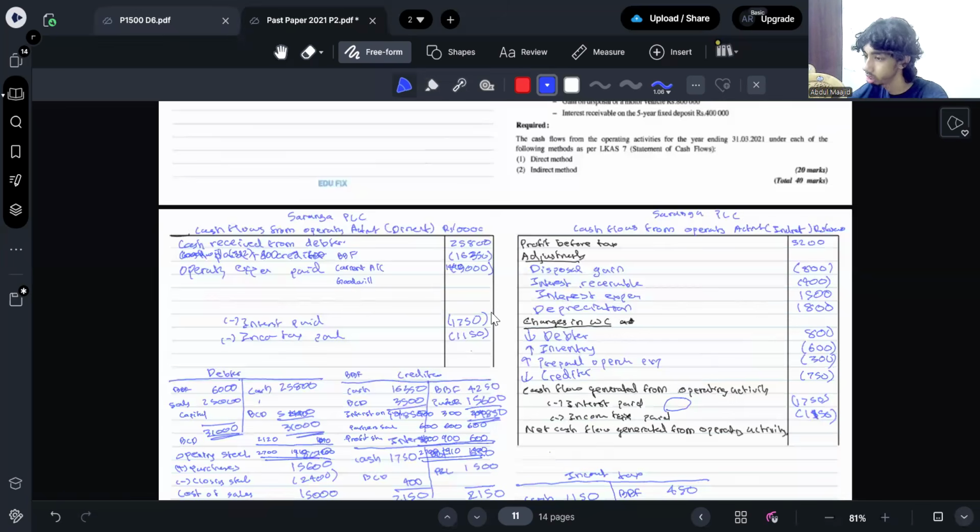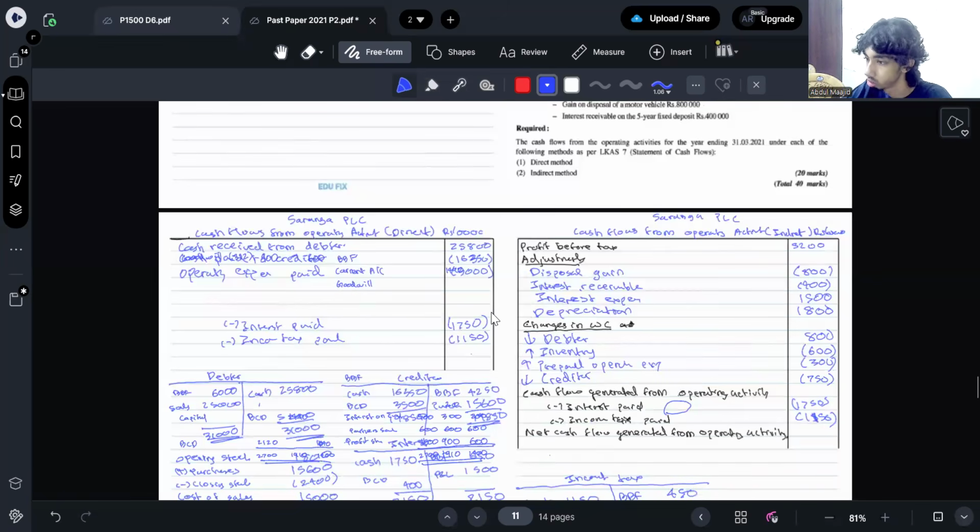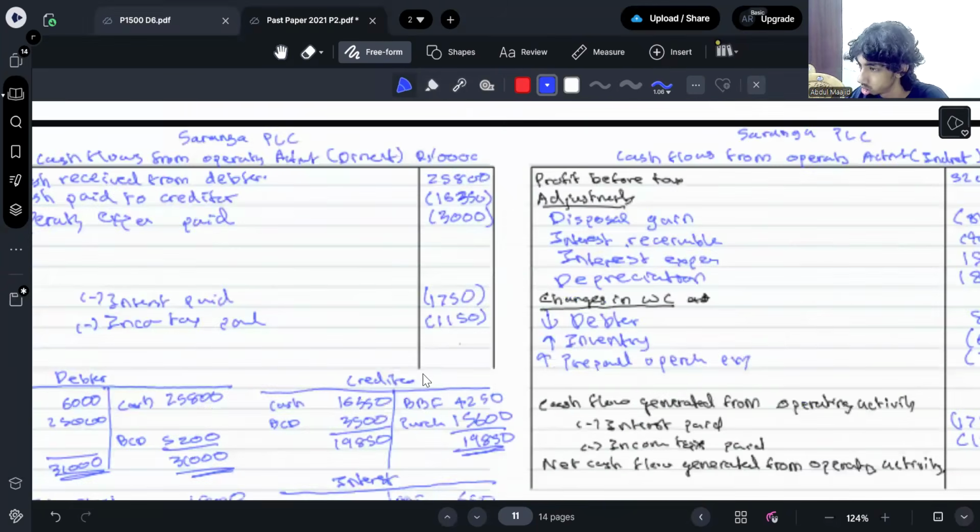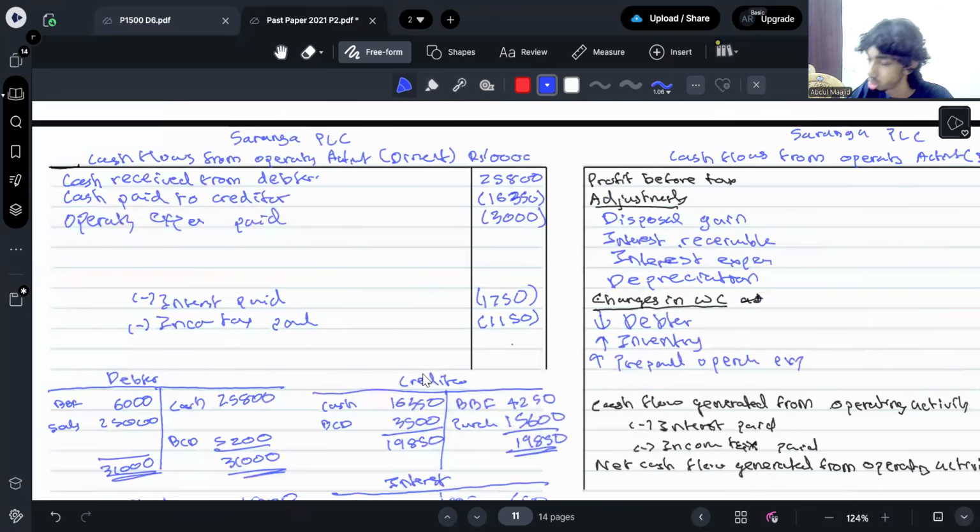Now you can find out your cash flow. So here you can find 25,800 minus 16,350 minus 3,000, that is 6,450, that is cash flows generated from operating activity.